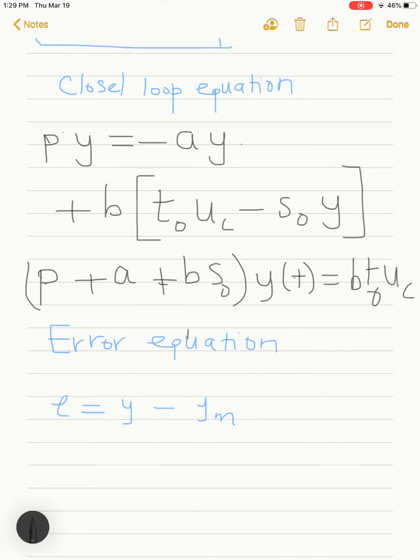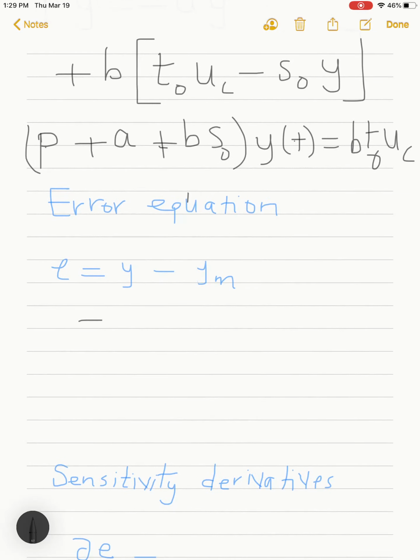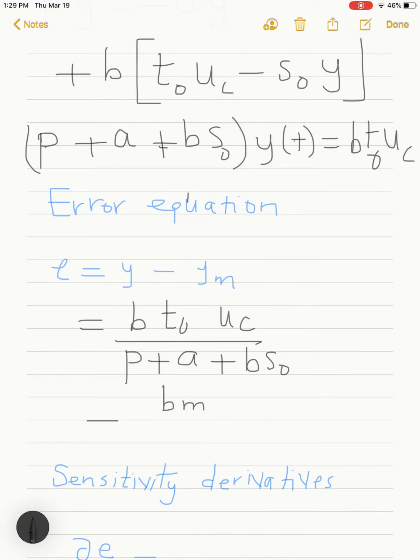Now I can use this equation to calculate the error equation. The error equation would be y, which is b t0 times uc divided by (p + a + b s0), minus the expression for the output equation ym, and that would be bm divided by (p + am) times uc.